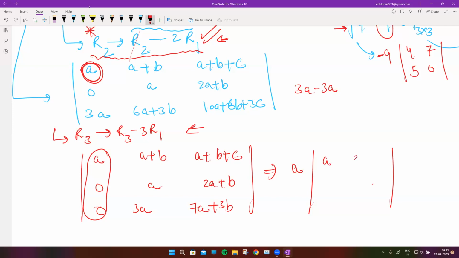Now this can be written as A, 2A plus B. This will be 3A and this will be 7A plus 3B. Now if you solve this determinant, this is legalized to do. You can multiply A into 7A plus 3B minus 3A into 2A plus B. Whatever the answer is, you can simplify the answer.